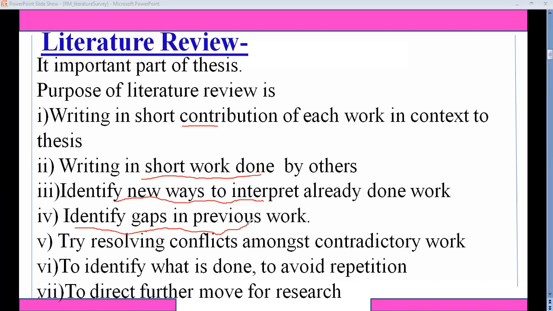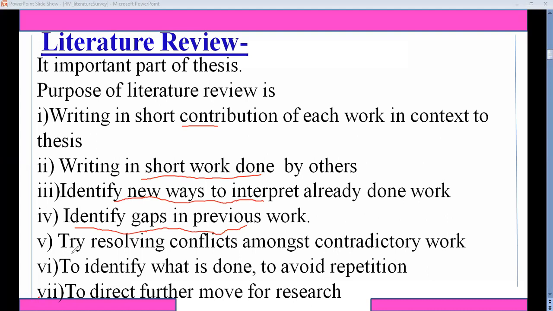That is very much clear. So from that you can identify the gap. Please understand. So as I mentioned, the gap in the previous work can be your research problem.